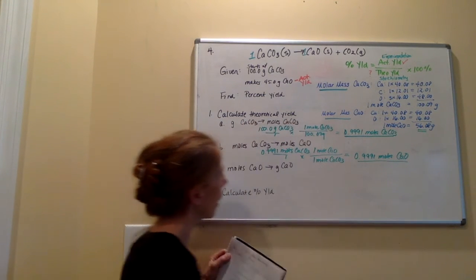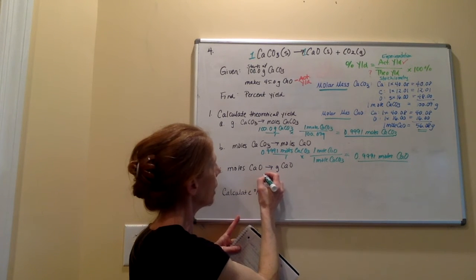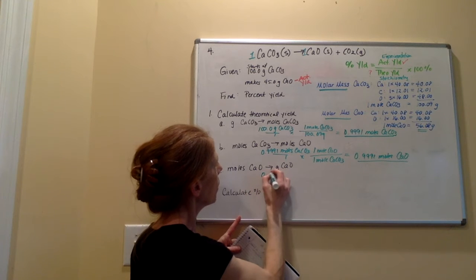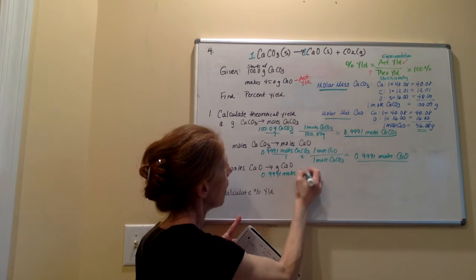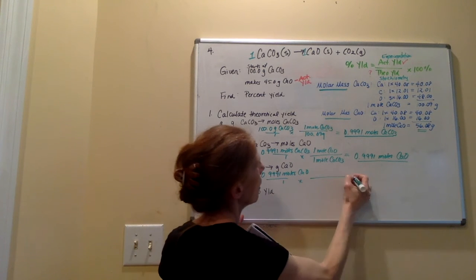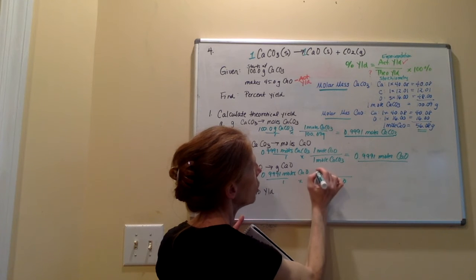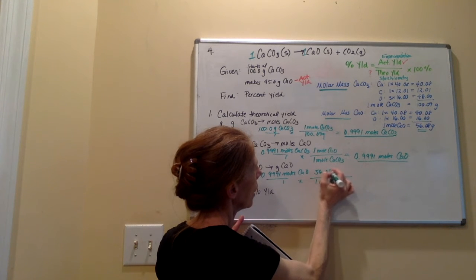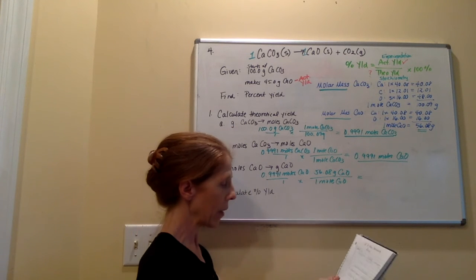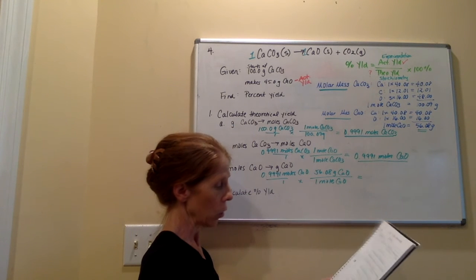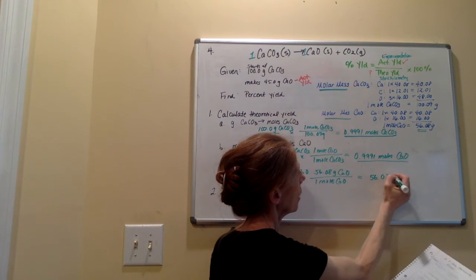I don't have a mole, I have 0.9991 moles of calcium oxide. For every 1 mole, that relates to 56.08 grams. So the amount of calcium oxide that I produce is going to be 56.03 grams.